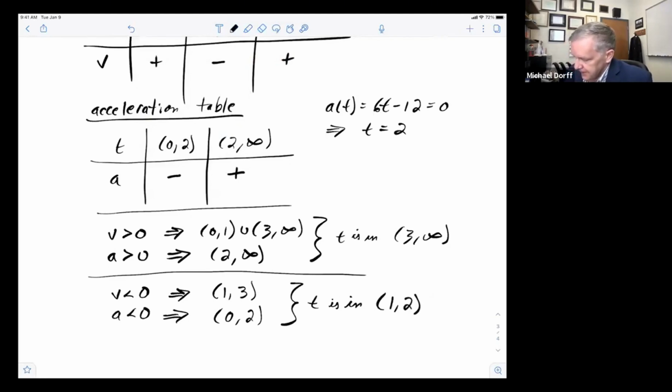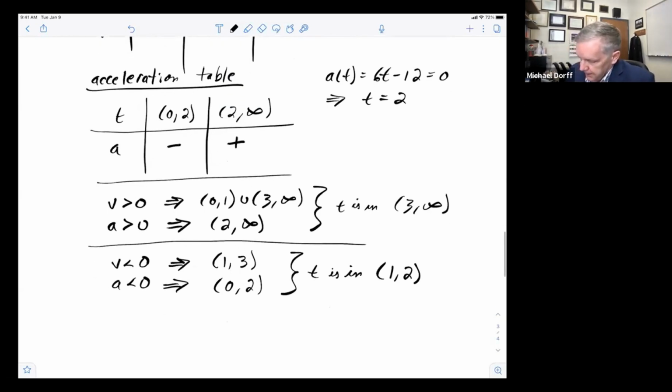Sorry, I misspoke earlier, let's start over. Let's check this: if t is between 1 and 2, then it's also in the interval from 0 to 2, so acceleration is negative. And it's also in the interval from 1 to 3, so the velocity is negative. So the particle is speeding up on 1 to 2 and 3 to infinity.